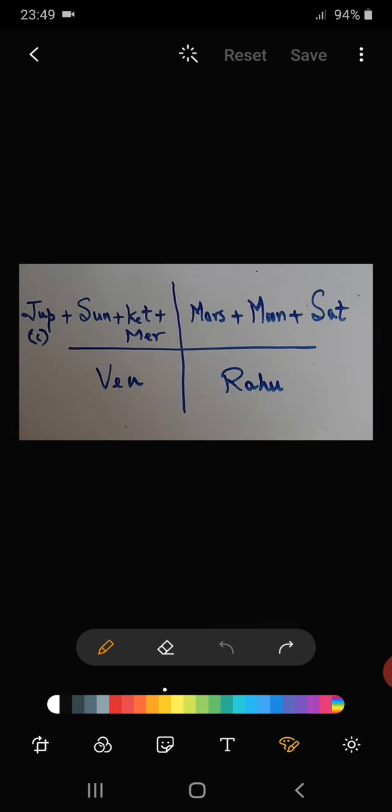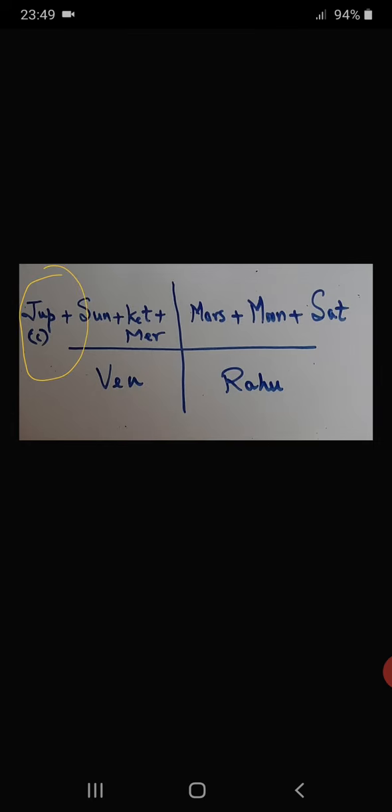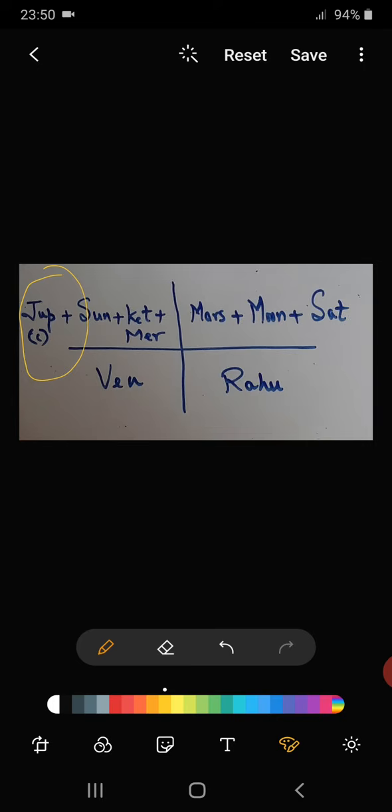Now I would always recommend to the person whose hand I'm analyzing: the Jupiter here is combust. Anytime, anywhere, any palm, any chart, wherever you find Jupiter combust, it means there is a lack of balance.